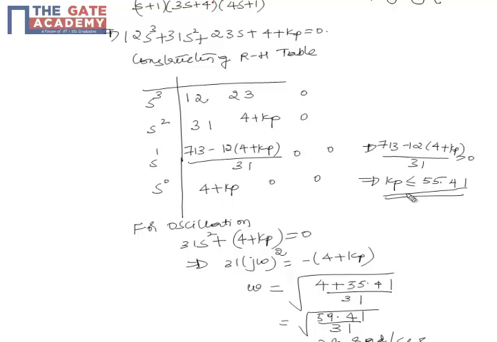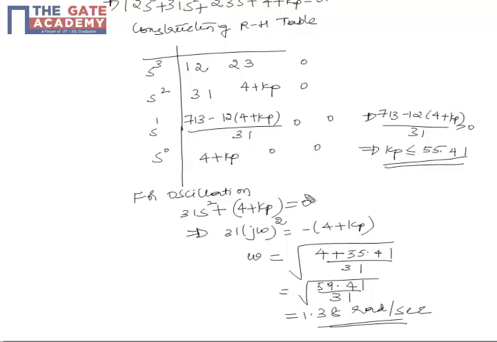Now we need to calculate the oscillation when we give this kind of gain to the system, which you can calculate from the auxiliary equation, equating 31s square plus 4 plus Kp equal to 0. When I substitute the Kp value as 55.41 and solve for omega, with s equal to j omega, I get omega as 1.38 radians per second.